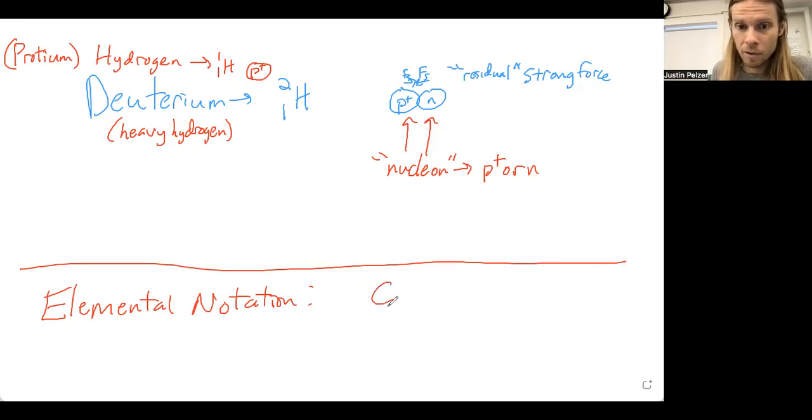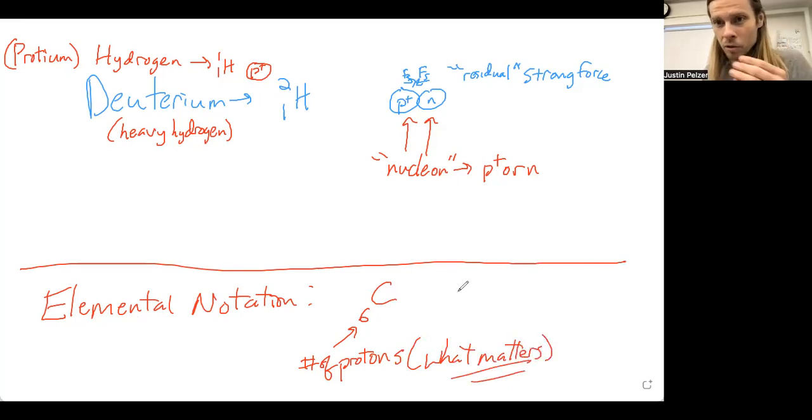Say we have carbon. This is the number of protons. This number is the number that matters. I mean, obviously, protons and neutrons both matter, but what I mean is that it identifies the element. What I'm using that word for is it identifies which element we're talking about.